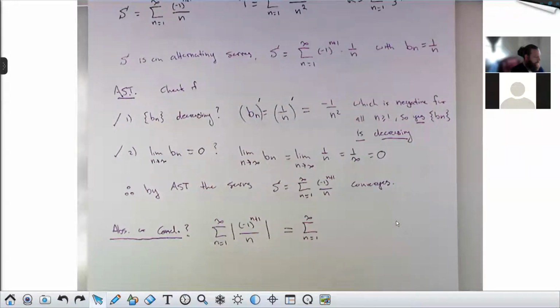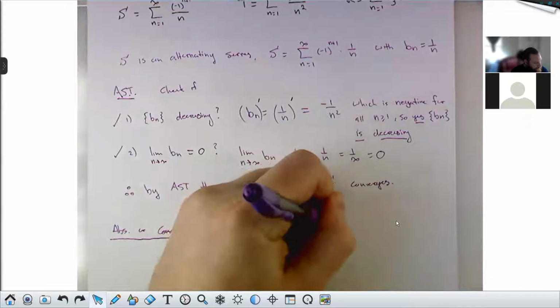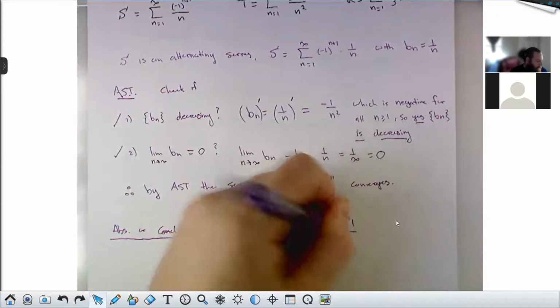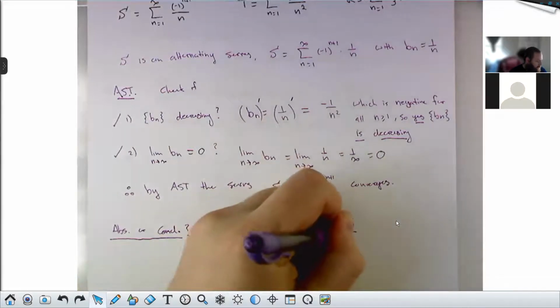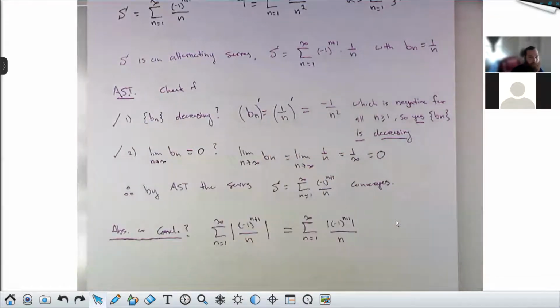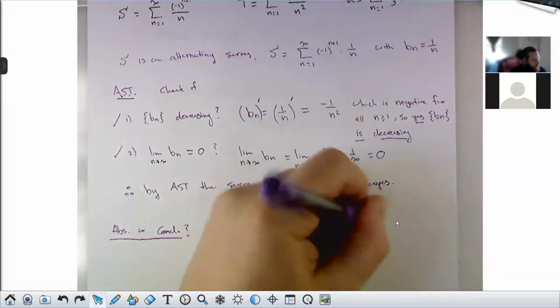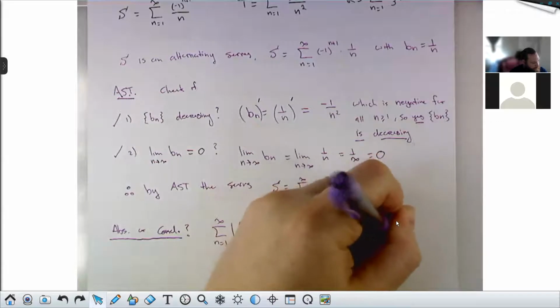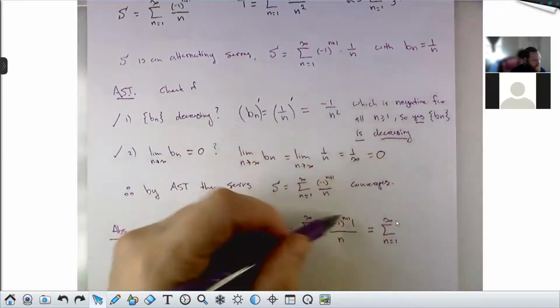Now, absolute value, remember, plays nice with multiplication and division, plays nice with powers. So I can say this is the absolute value of (-1)^(n+1) over the absolute value of n, which is just n. And (-1)^(n+1) is either positive 1 or negative 1, depending on what n is.